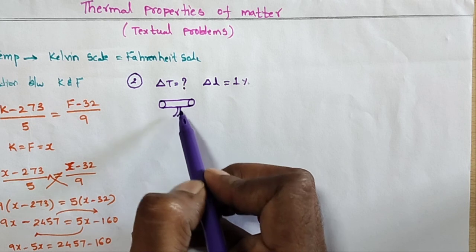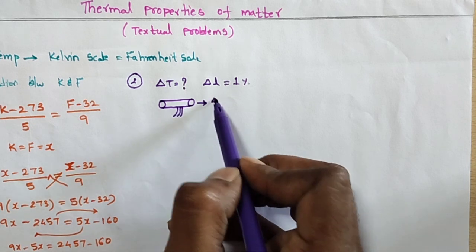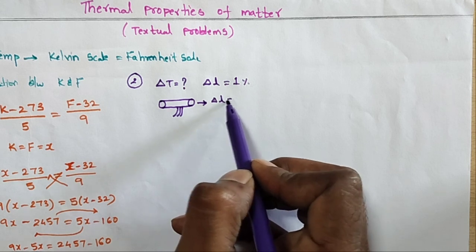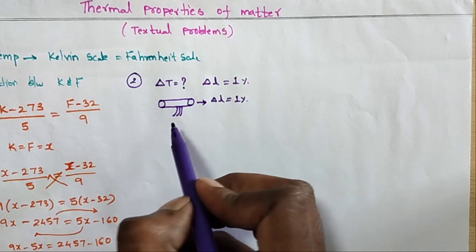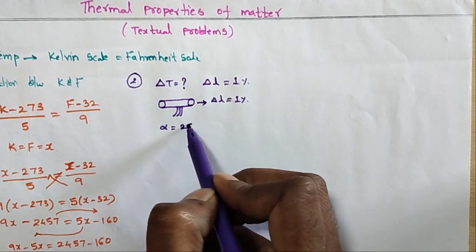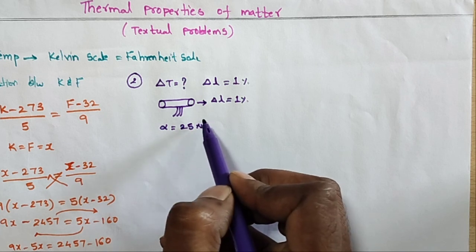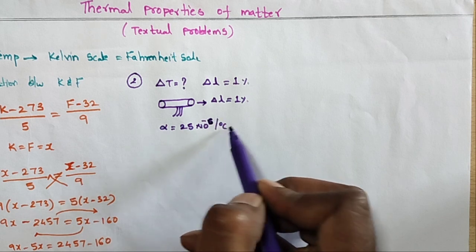If you give some amount of heat to the aluminum rod, its length changes. Alpha is 25 into 10 power minus 6 per degree Celsius.